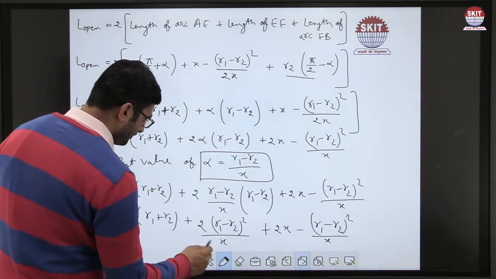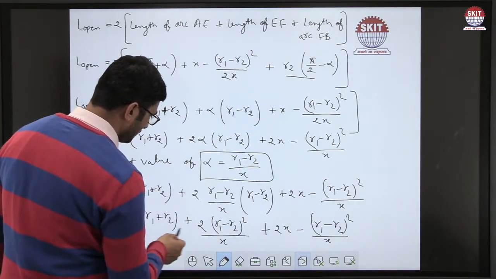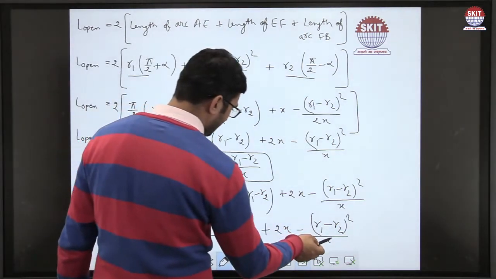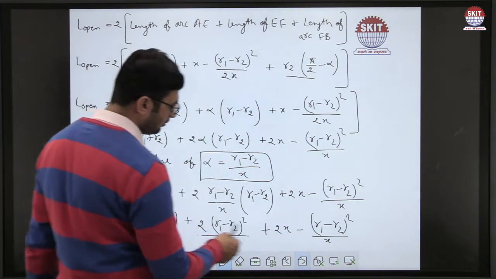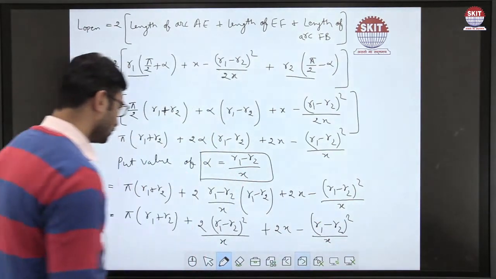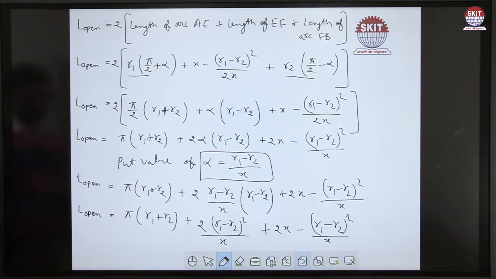The second term and the last term in this equation are the same. This is the positive 2, this is the minus 1. So again we simplify this equation.